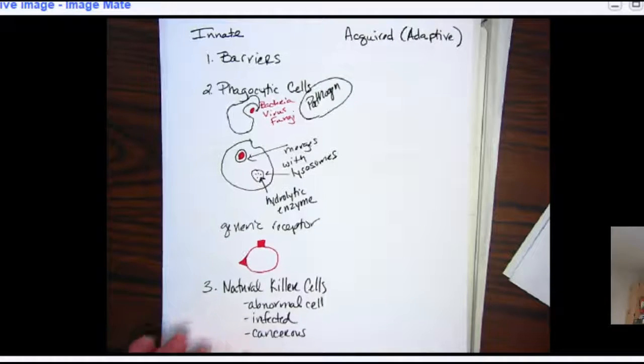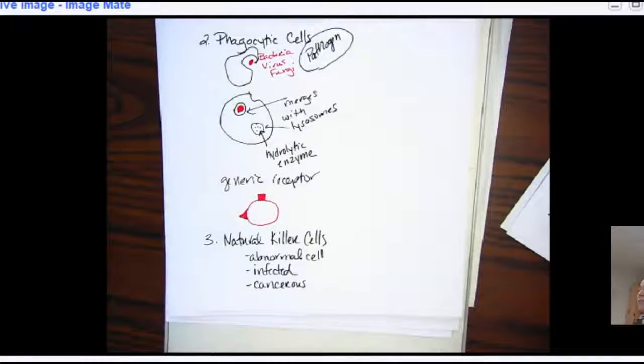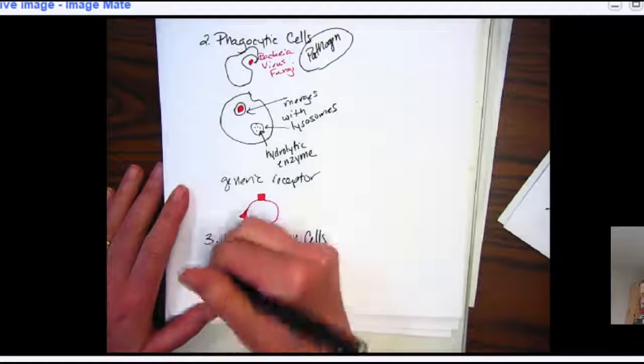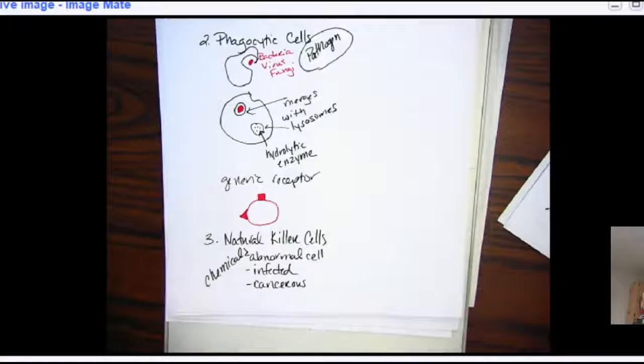They're going to identify markers on the surface of those cells in a very similar fashion, and identify when those cells are abnormal based on what surface proteins are being expressed or lacked. And instead of going through phagocytosis, they're going to use chemicals to destroy the other cells and force them to go through apoptosis.